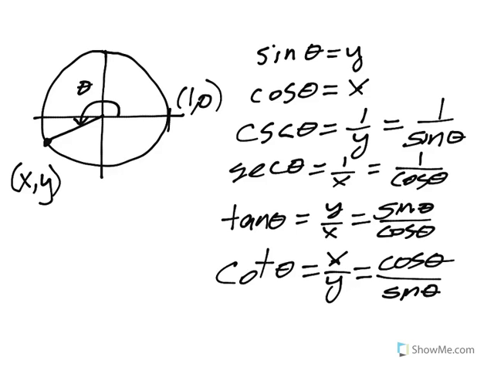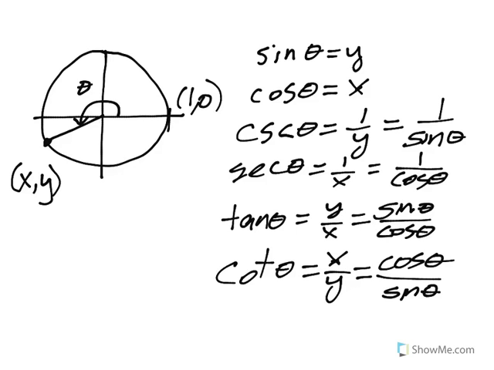And so the sine of theta is the y-coordinate, the cosine of theta is the x-coordinate, the cosecant of theta is 1 over that y-coordinate, or another way to think of that is 1 over sine of theta. The secant theta is 1 over x, which is the same as 1 over cosine theta.